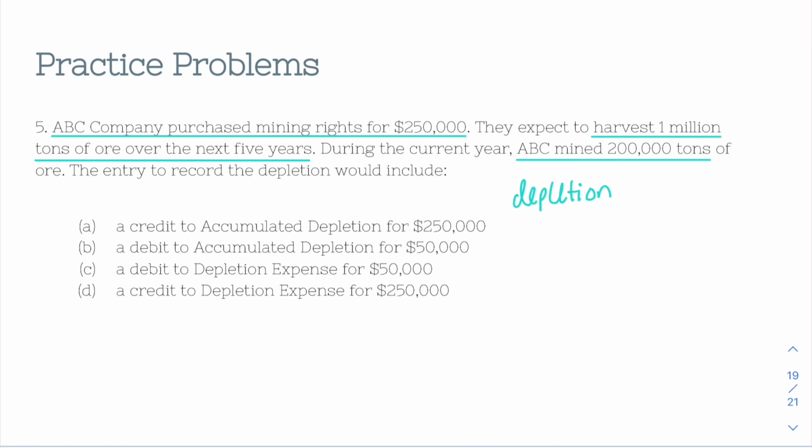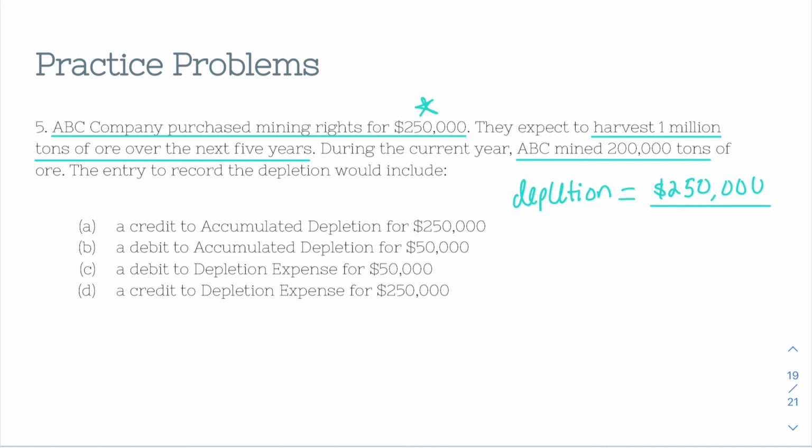So depletion per unit would be the original cost of the natural resource, and that is the mining rights. So that's $250,000 divided by the number of units to be harvested, or whatever we're going to be using.